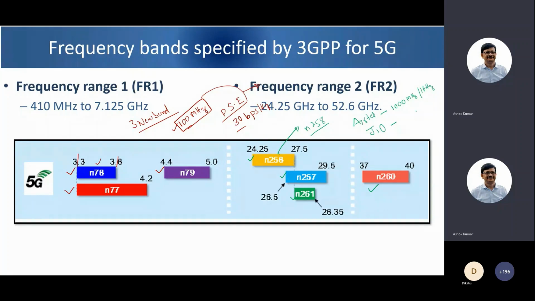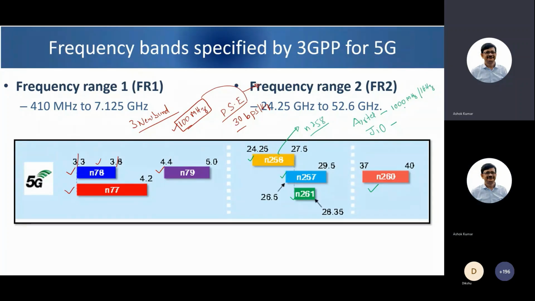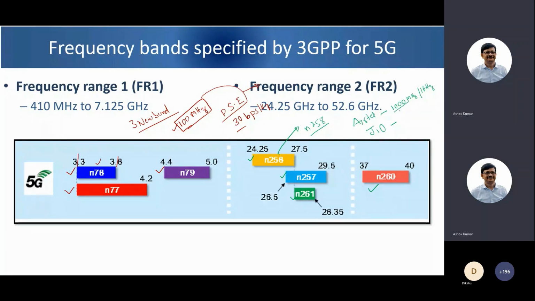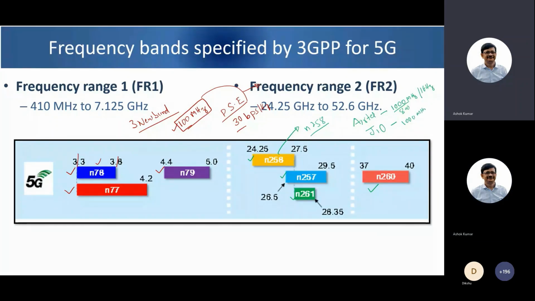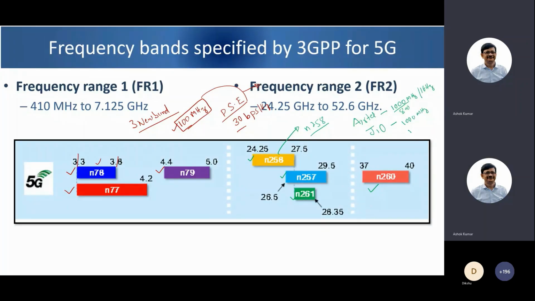In some LSAs Jio acquired 800, and most LSAs 1000 megahertz, that is 1 gigahertz, and in a few LSAs they got 1200 megahertz. People are answering 100, but it is 1000 and 1200 megahertz which they have acquired.